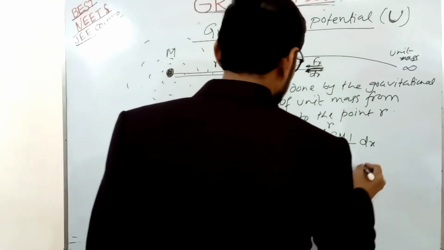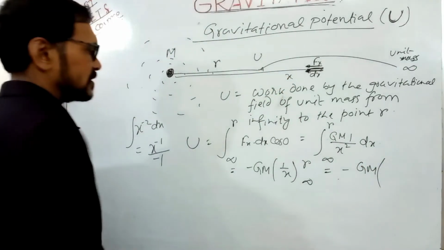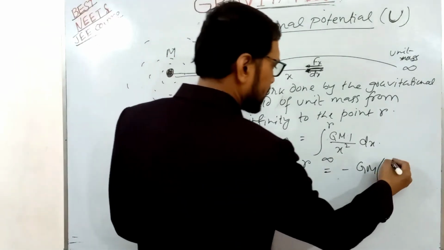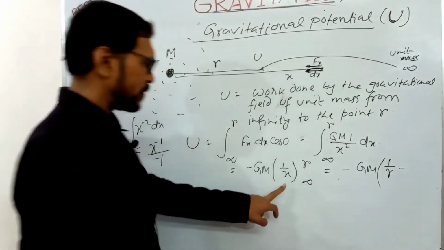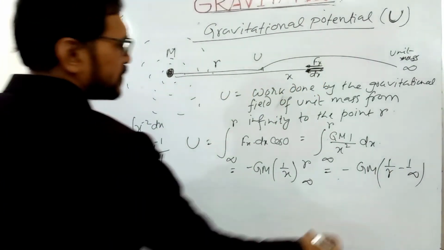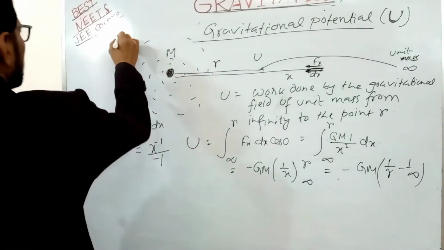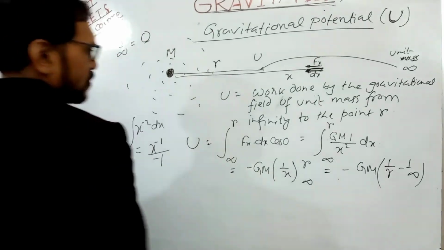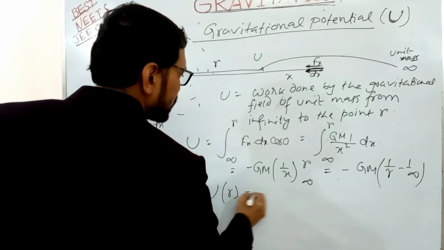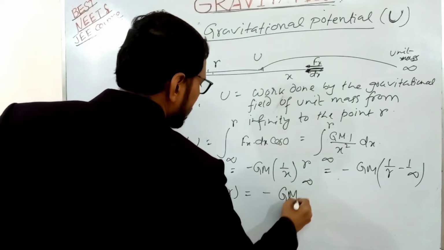Now if we put the limits, 1 by x means 1 by r minus 1 by infinity. We know 1 by infinity equals 0. Then we get the result: gravitational potential u equals minus GM by r.